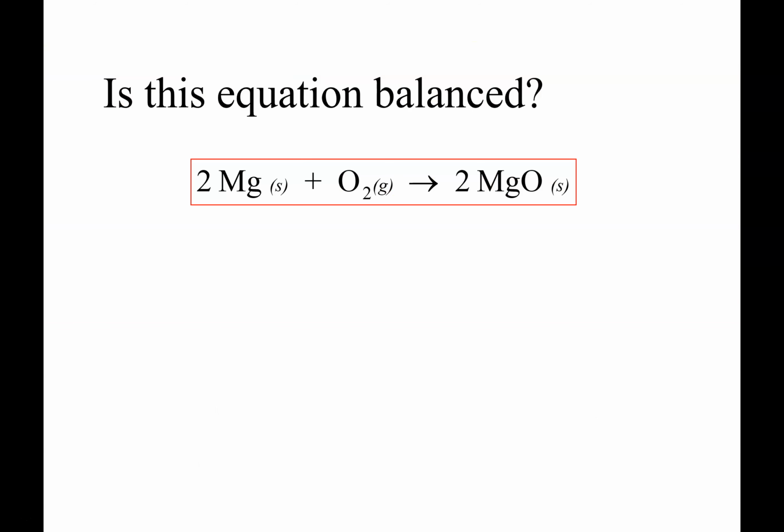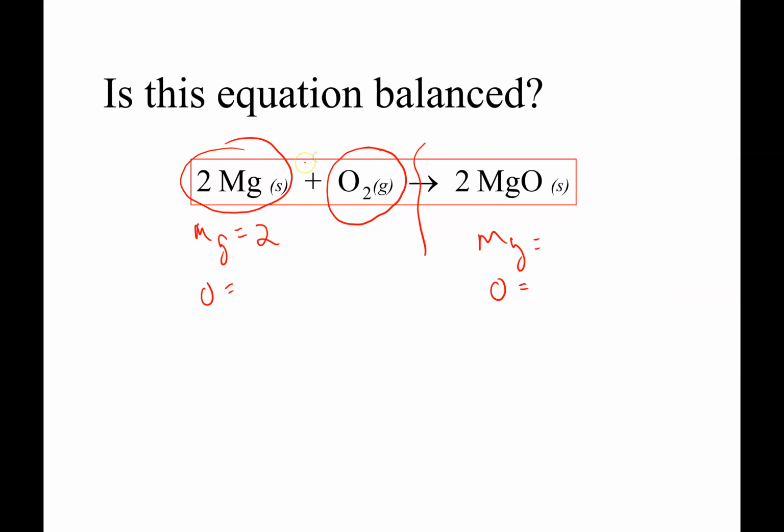Okay, so let's make a brick wall here. And I have magnesiums equal to oxygens equal to magnesiums equal to oxygens. There's a lot of stalling in working chemistry problems if you do it right. So how many magnesiums do I have on the reactant side? 2. Yep. And how many oxygen atoms do I have on the reactant side? 2.